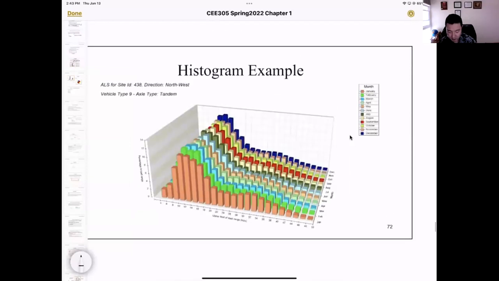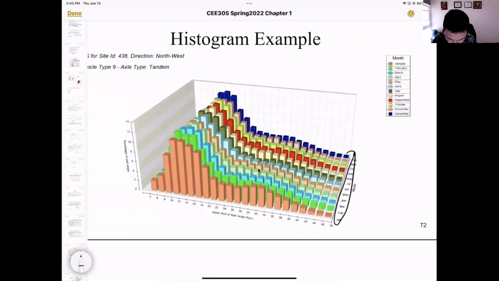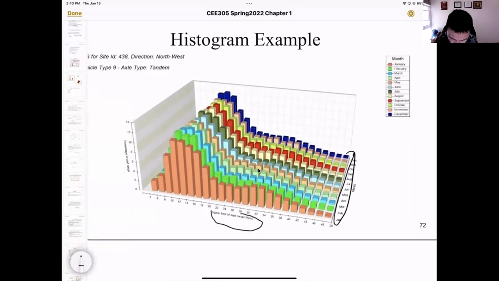This is another example of a histogram. It's not very clear. It's months, each month. This is the upper limit of load range. I think it's about pavement research, but that doesn't really matter to us.